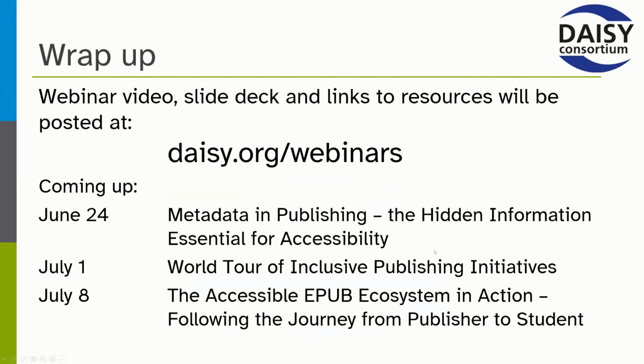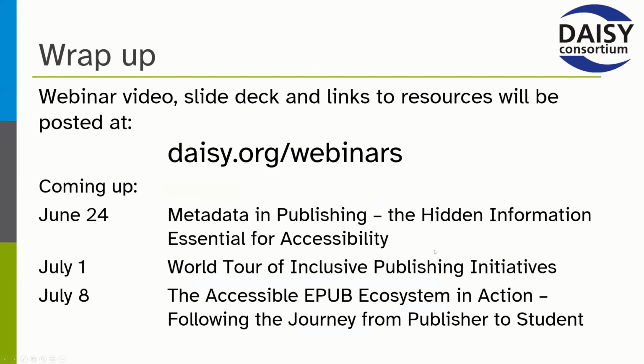Coming up in the next few weeks, we have some more wonderful topics for you. On June the 24th, we have another requested topic, which is metadata in publishing, the hidden information essential for accessibility. On July the 1st, we'll hear about initiatives that are underway in different regions of the world to bring accessible publishing to reality.